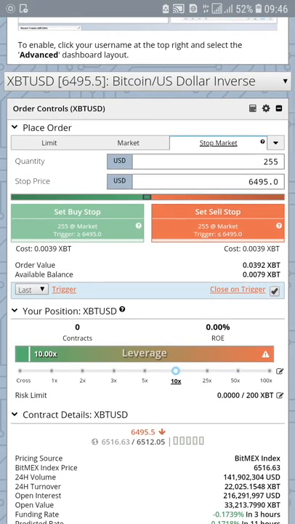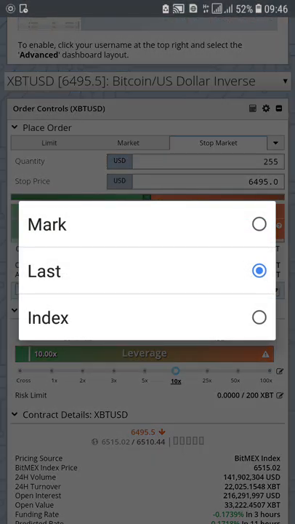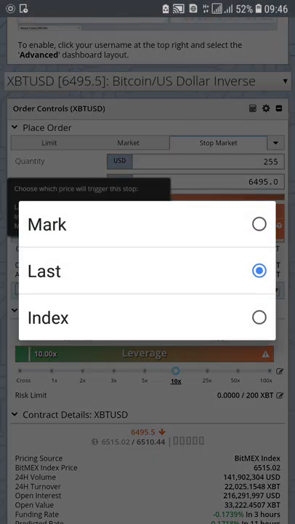Now this is what determines your take profit price or your stop loss price. Here, you can choose what you want, either the mark price, the last price, or the index price. Maybe when the index price gets to a certain price, you want it to take profit or stop loss, or when the mark price gets to this price.